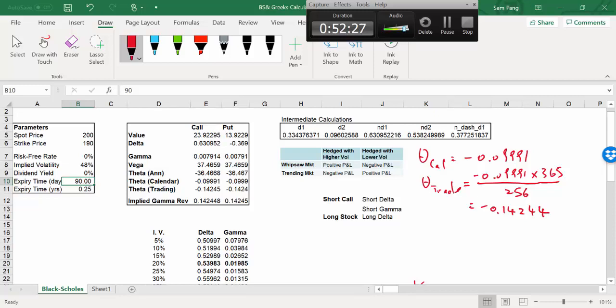So for every trading day, you are going to lose around 14 cents. That is the trading day theta.